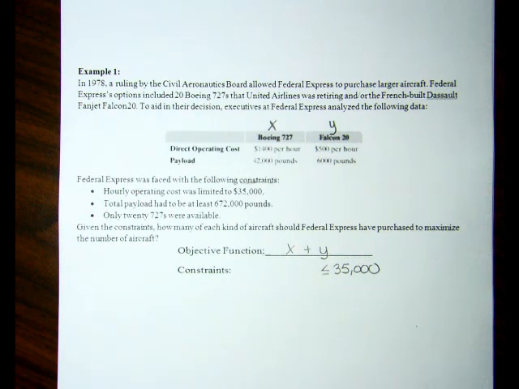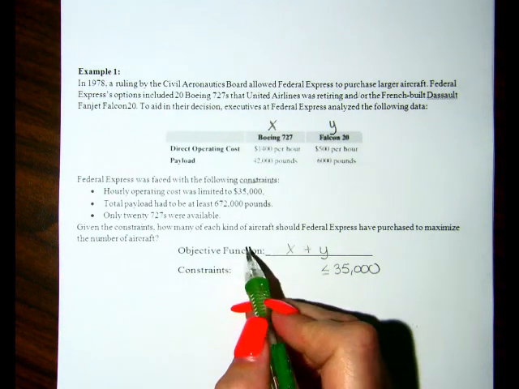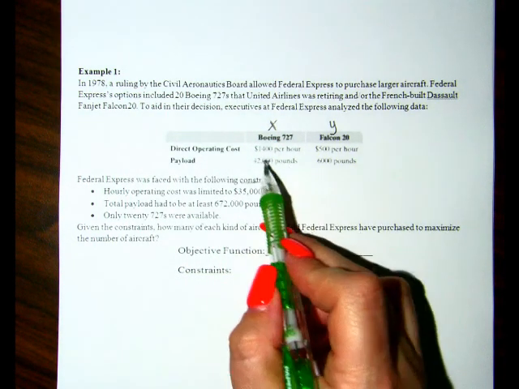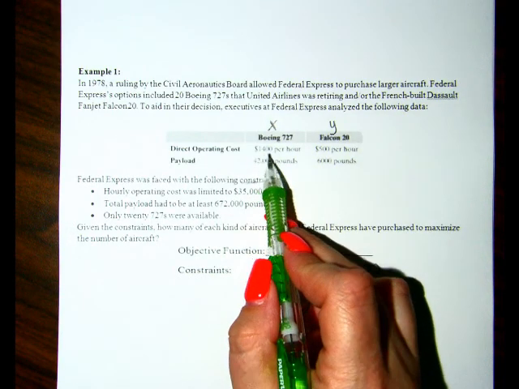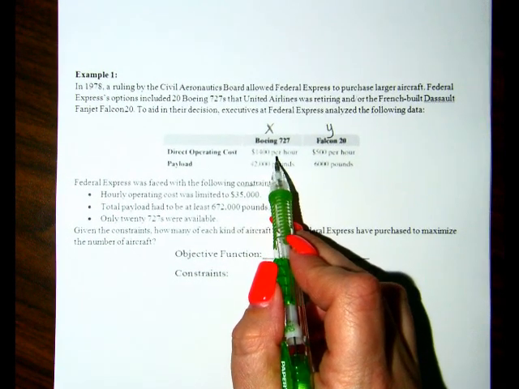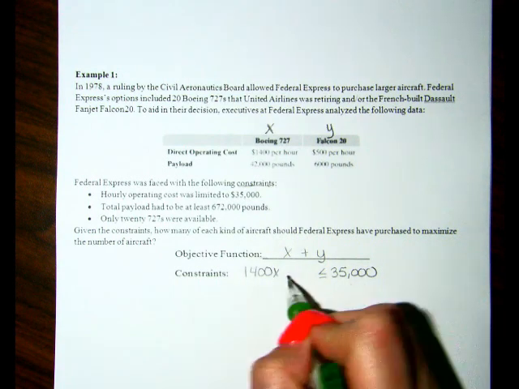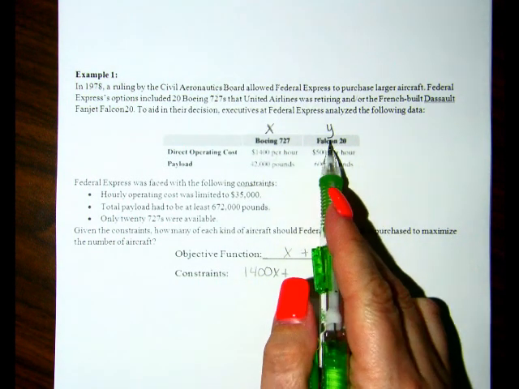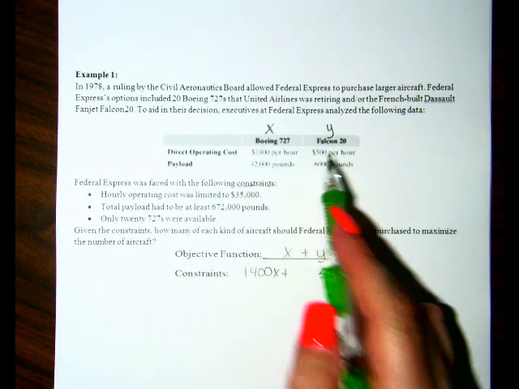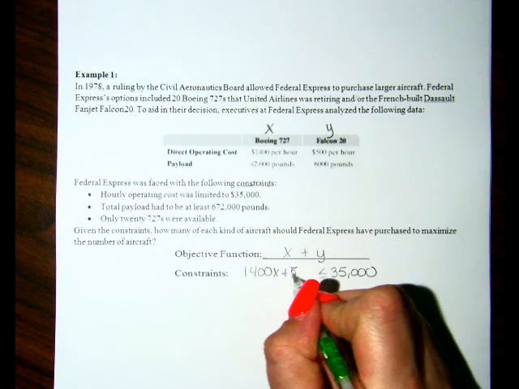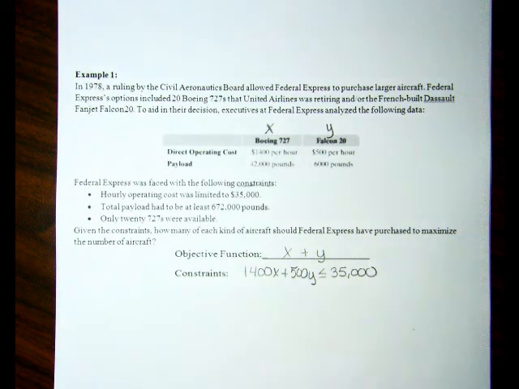Your total operating cost, which is how much it costs to operate each airplane. So, however many Boeings I buy, it's going to cost me $1,400 per plane per hour. So that would be 1,400x plus however many of my Falcons I buy times 500. So 500y. There's my first constraint.